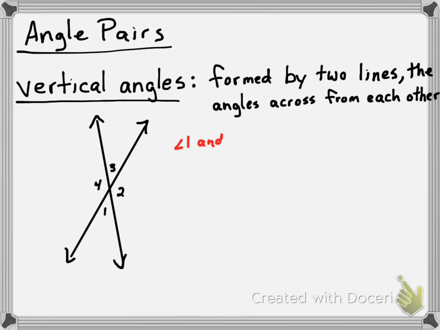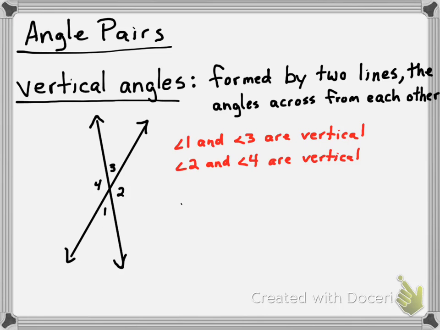So angle 1 and angle 3 are vertical angles. Okay, but also angle 2 and angle 4 are vertical angles, because 2 and 4 are across from each other, and 1 and 3 are across from each other.